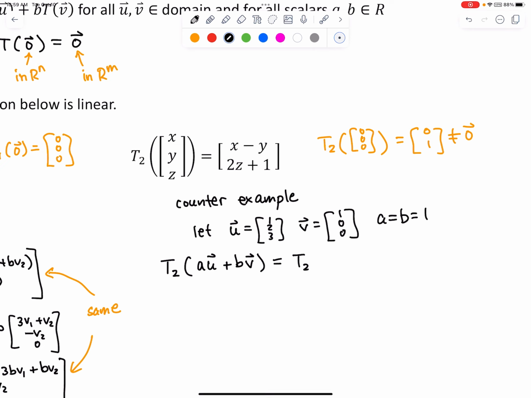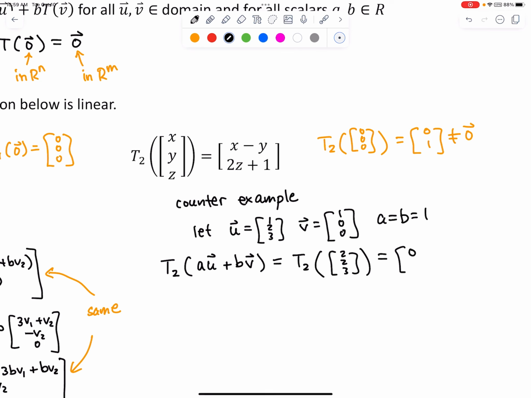Since A and B are both 1, we're just adding U and V together. So if I add the two vectors U and V together, we get the vector 2, 2, 3. And when I plug this into my linear transformation rule, the first component of the output vector will be 2 minus 2, which is 0.